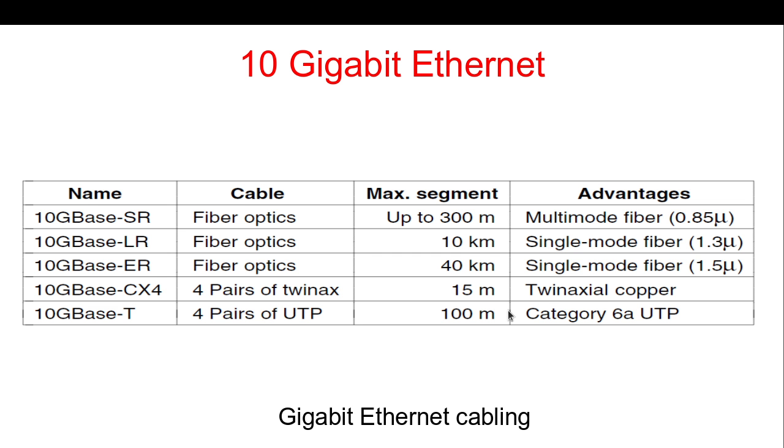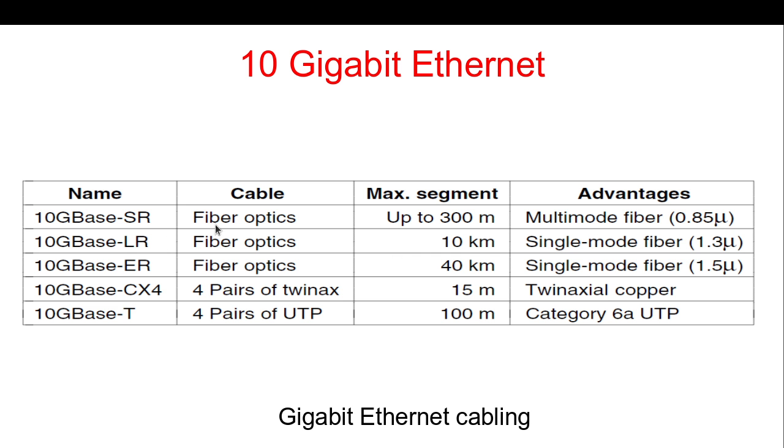Now, when even more speed or bandwidth was required, the technology was further changed to 10 Gbps speed: 10G base SR, 10G base LR, and 10G base ER, all of them employing fiber optics, which can go up to 300 meters, 10 kilometers, and 40 kilometers respectively.